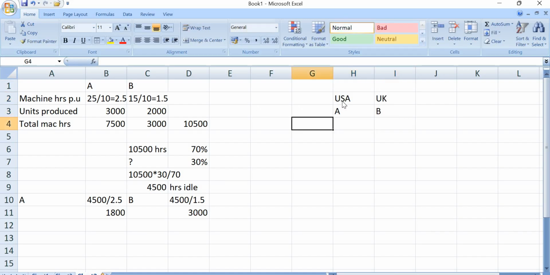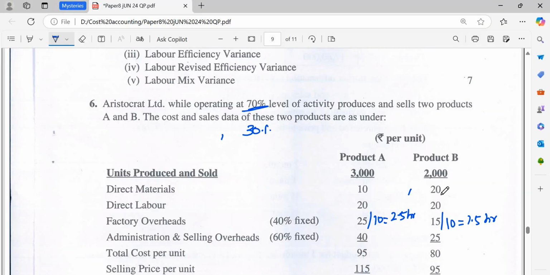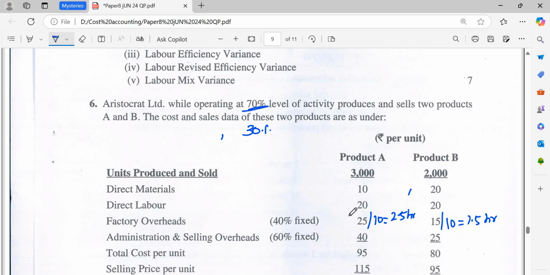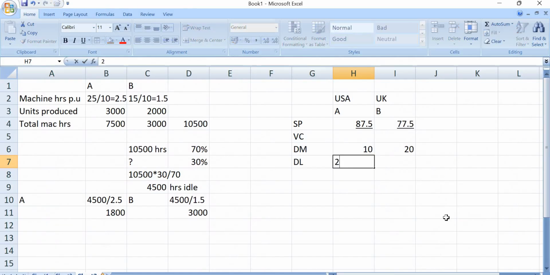So selling price: we have 87.5 and 77.5, that is the export selling price. Only this I have to consider for this particular decision making. Now I am going to consider variable cost. Direct materials we will have 10 and 20. Direct labor is 20 and 20.